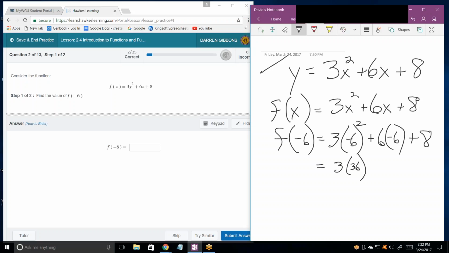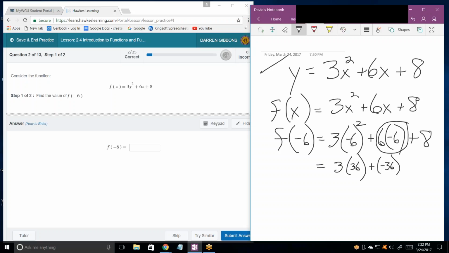And what's 6 times minus 6? Multiplying, it's minus 36. Minus 36. Okay, and I've got a plus and a minus. So if I were to write both of them, it would look like this.